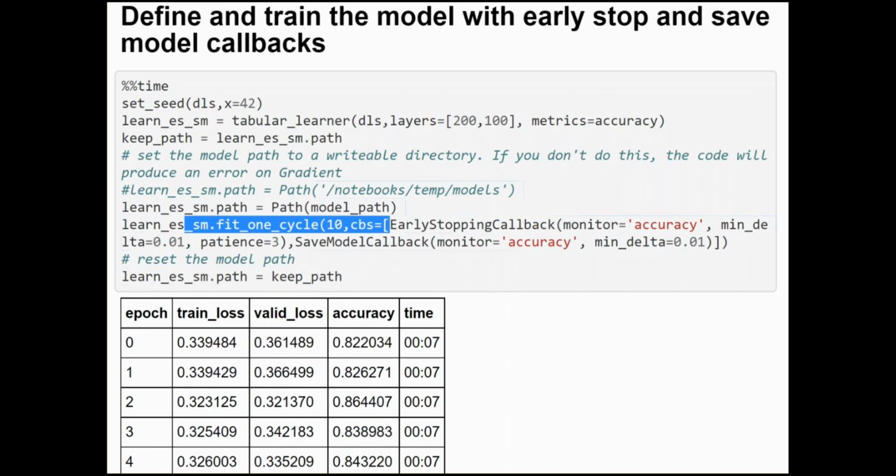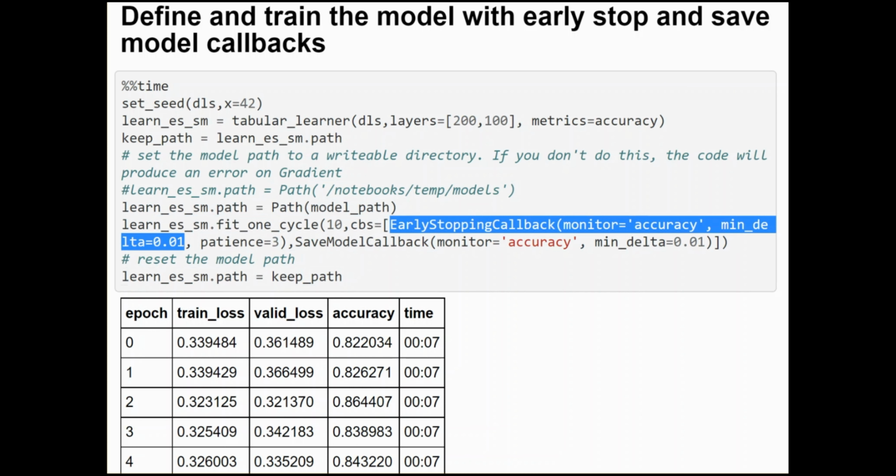I have a parameter min delta, that is how much change I'm going to care about from epoch to epoch, and then patience. And again, the purpose of patience is to determine how many epochs the callback is going to let go by before it notices that the metric I care about is no longer improving and it stops the training process.